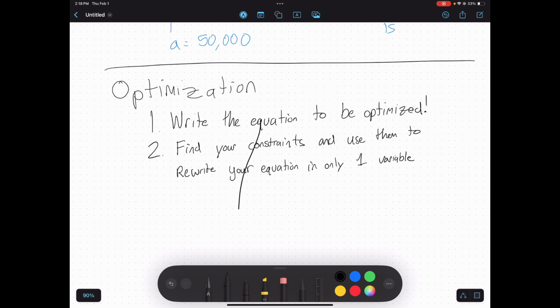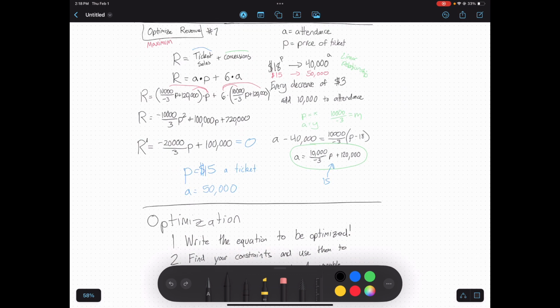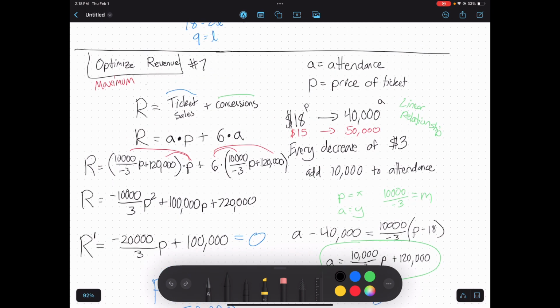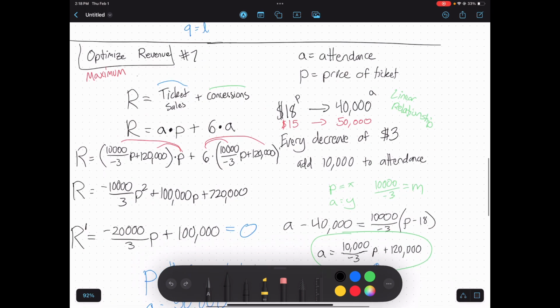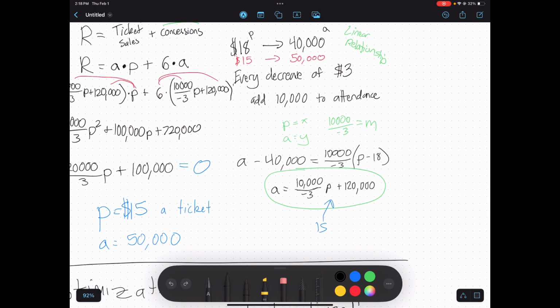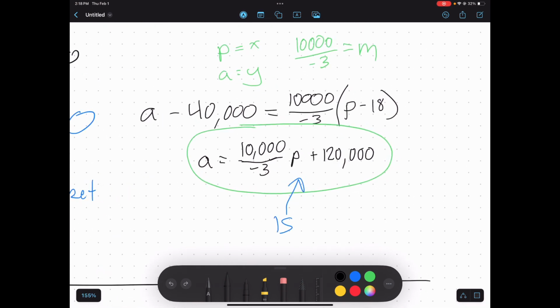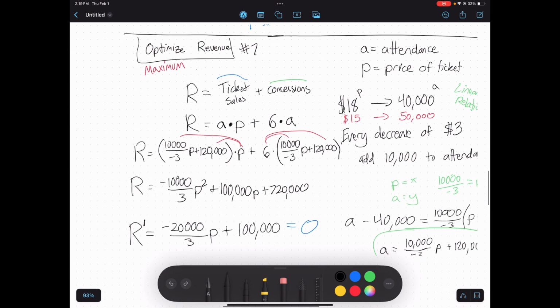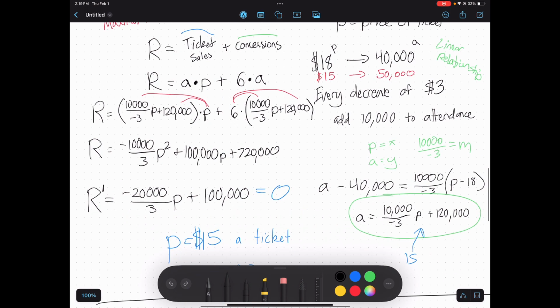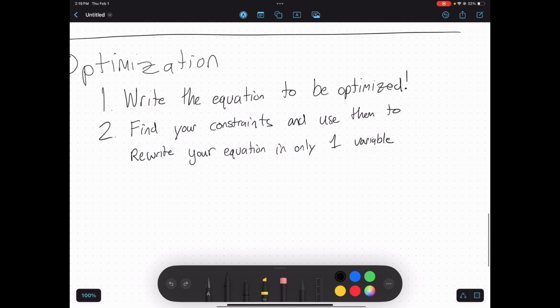Right? So in our example, my initial function was in terms of two different variables, attendance and price, but then I used my constraint to get this equation, which allowed me to rewrite my revenue equation in terms of only one variable, price.